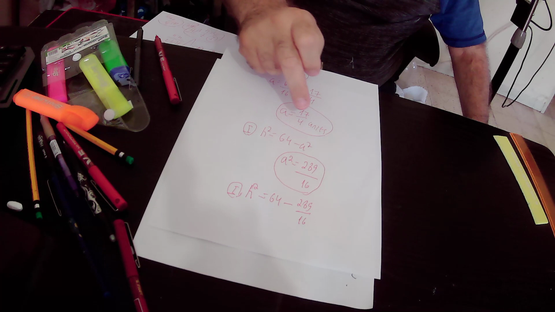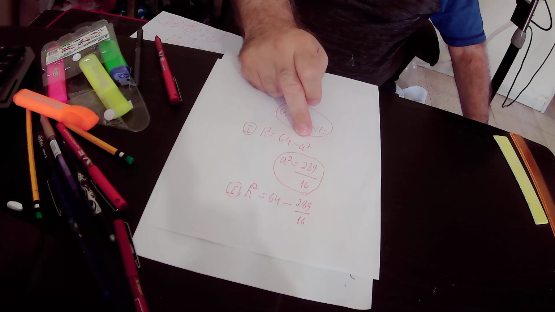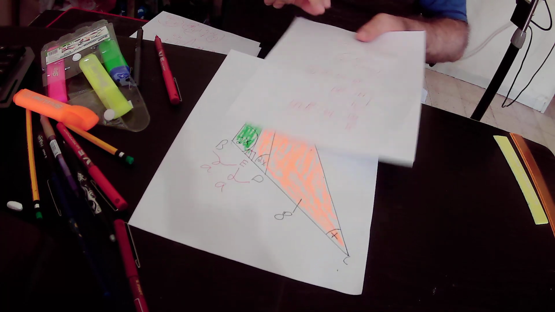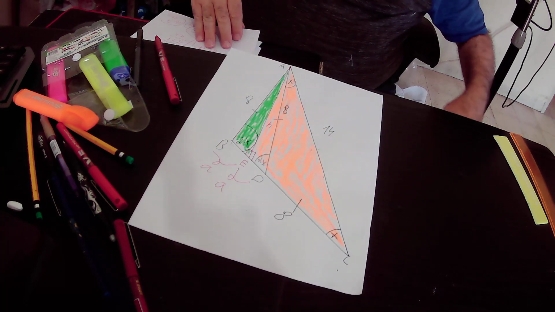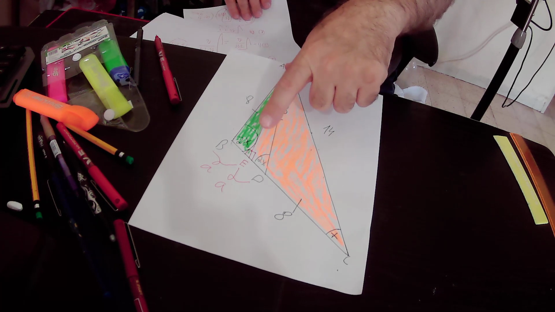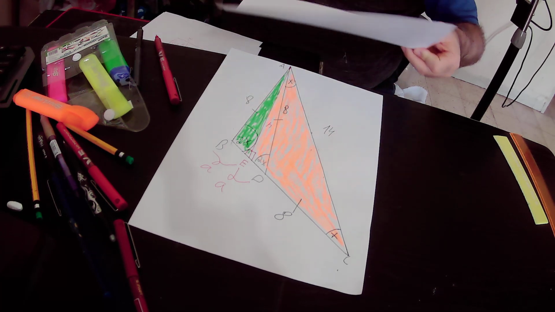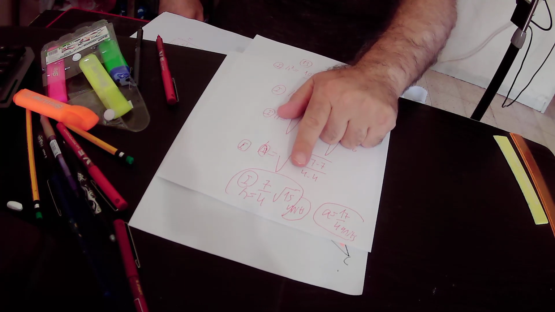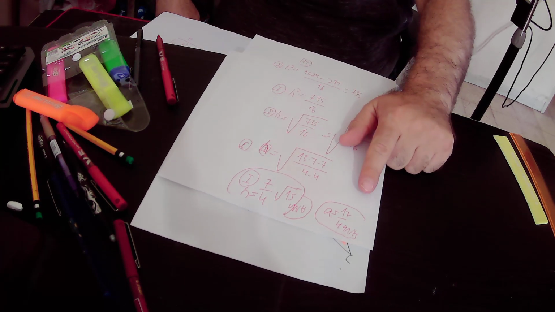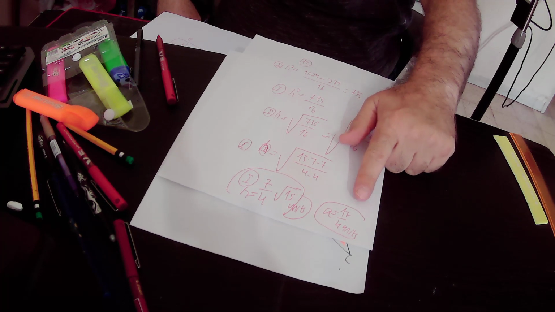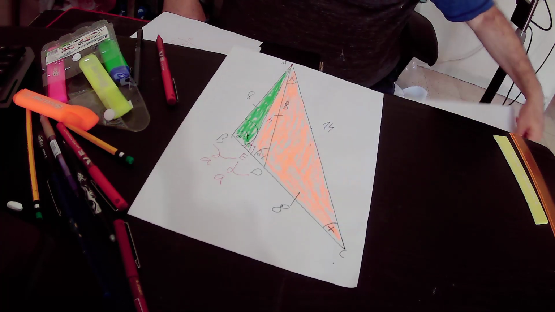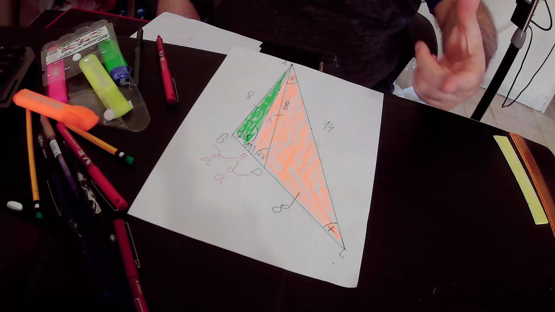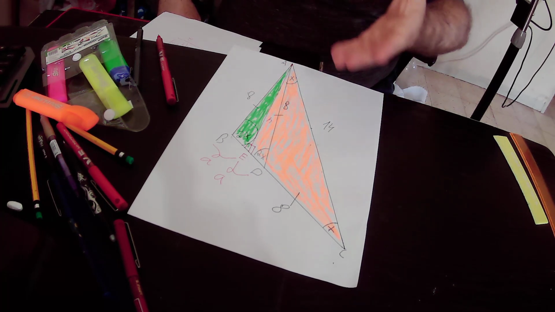And then we substituted A square by 289 over 16, and we got that the value of H, the height of triangle ABC, equals 7 over 4 times root 15 units, and we have already found out that A equals 17 over 4 units. So we have all the variables A and H.